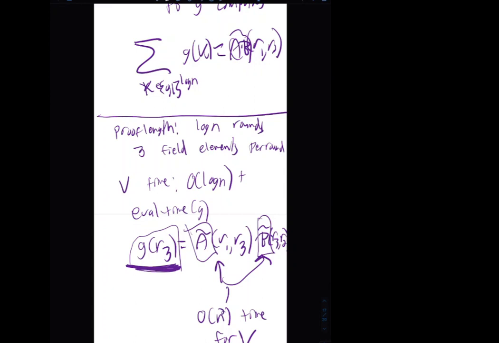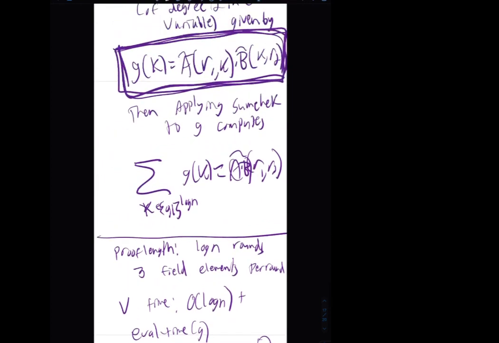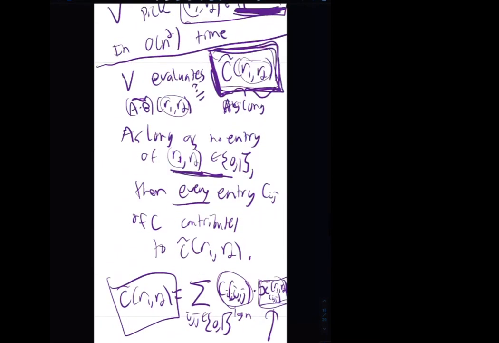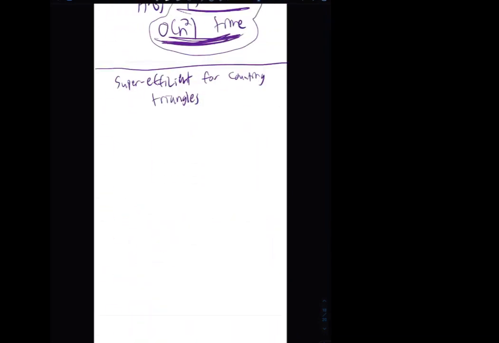Okay, I think I'm confused because g is the interpolation of the matrix C. No. So what happened in the whole protocol here? Let me just write out the whole protocol. I've seen two g functions.